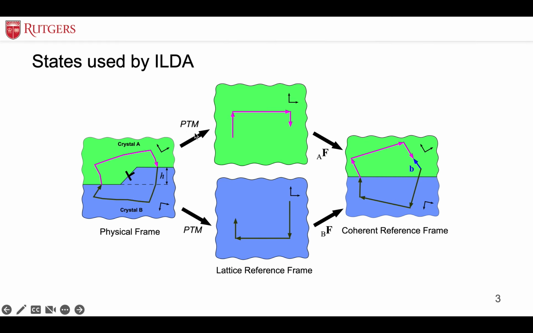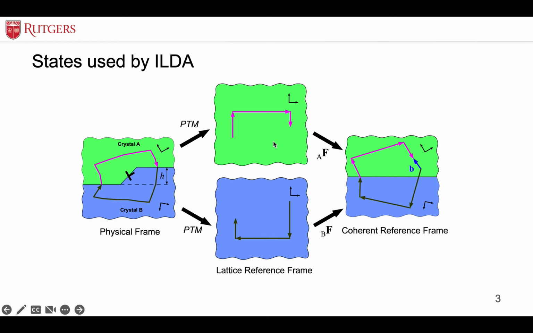Then it uses the polyhedral template matching modifier to map each half circuit to the lattice reference frame. This is the single crystal reference frame for each of the respective crystals. This approach enables you to do these Burgers circuits with a biphase system like we're looking at now, not just with grain boundaries, for example.